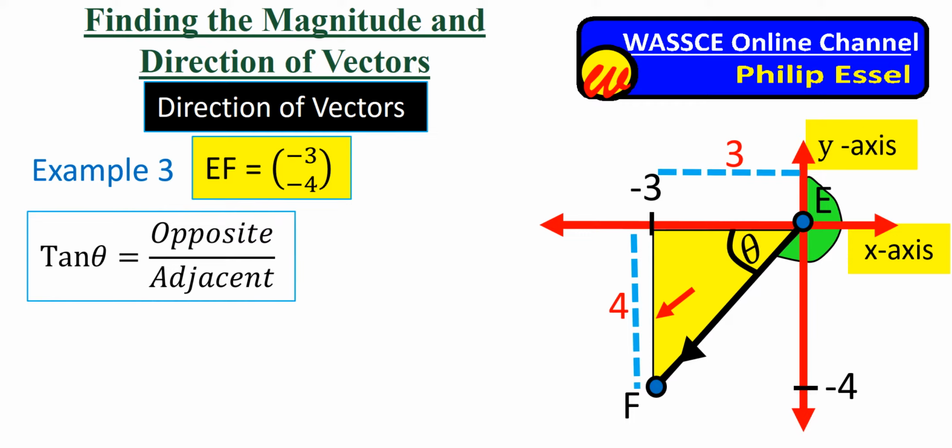Now our tangent rule. It states that tan theta equals opposite over adjacent. From the diagram, the opposite is 4 units and the adjacent is 3 units. So that will give us 4 divided by 3.